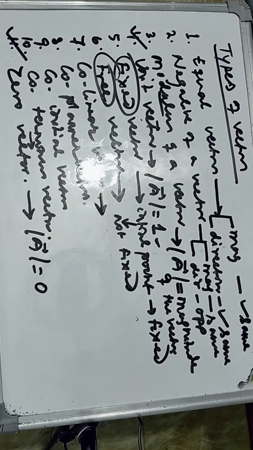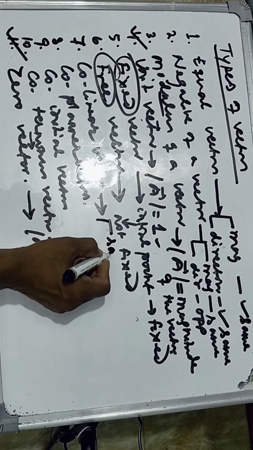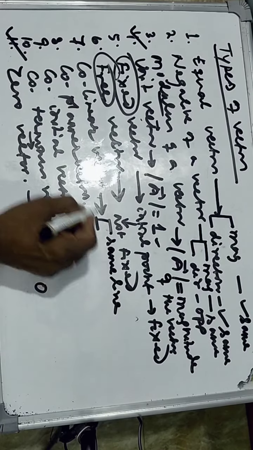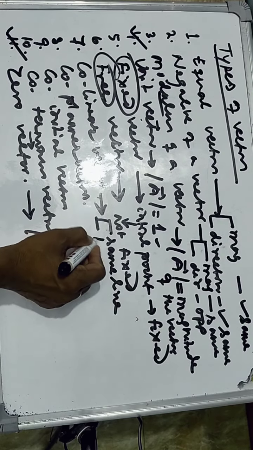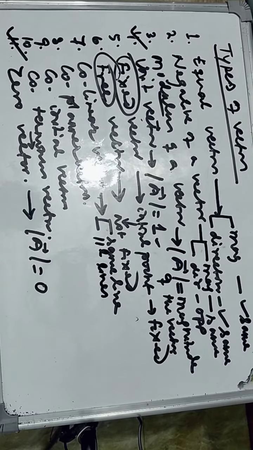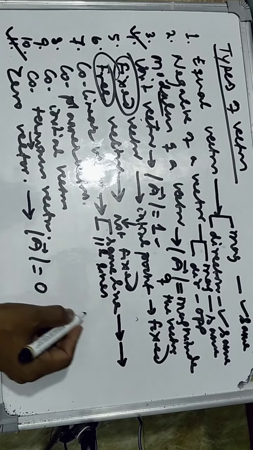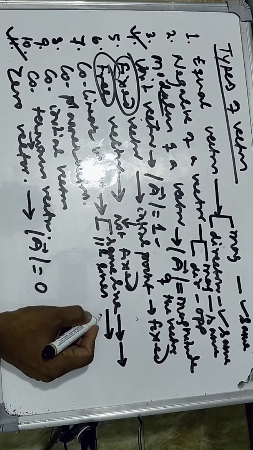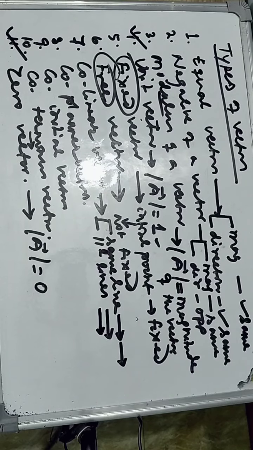And now, if the vectors are acting in the same line or along parallel lines, one vector and another vector both in the same line, or one vector and the other one parallel to this, then it will be termed as collinear vectors.